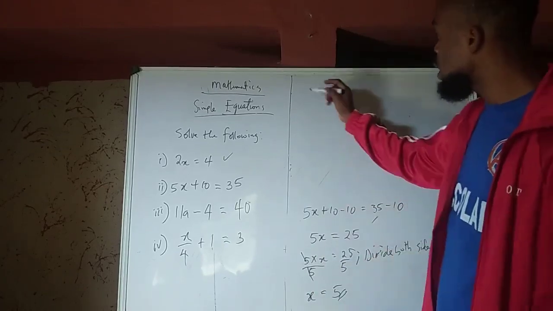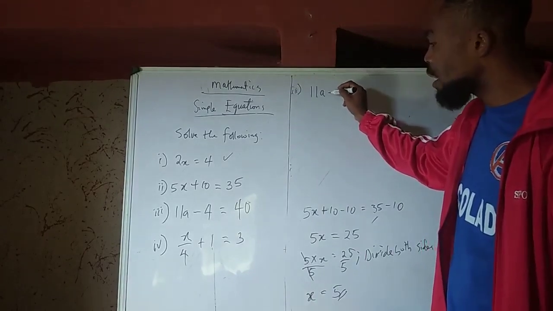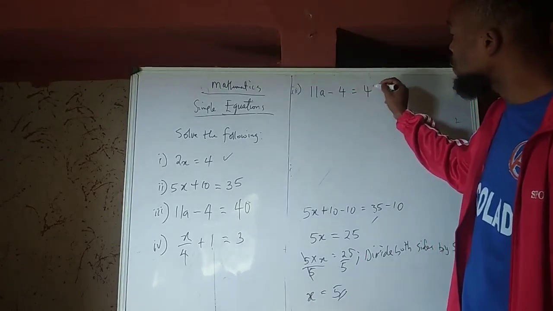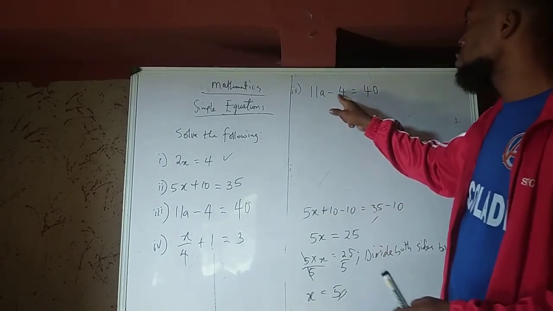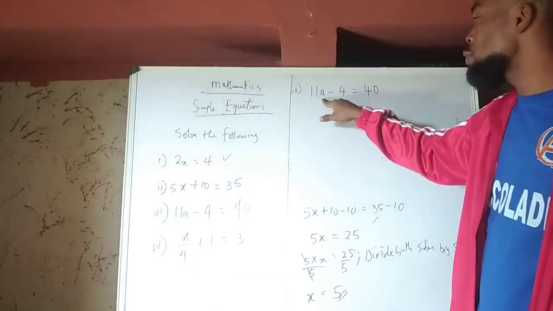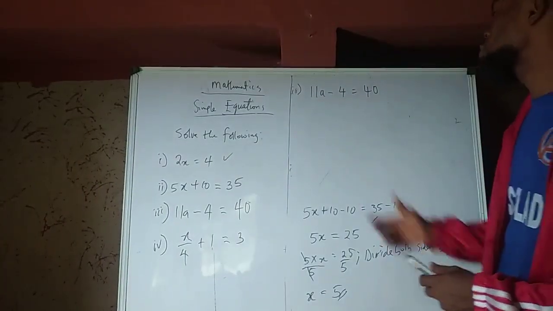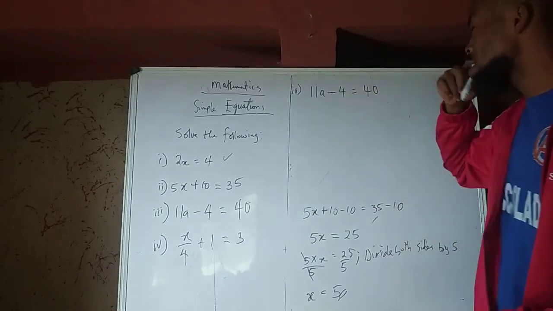Okay, so the next one here is 11a minus 4 equals 40. Alright, so remember we are looking at how we can make a stand alone. So if we are to make a stand alone, what should we do to the 4 that's here in the first place?